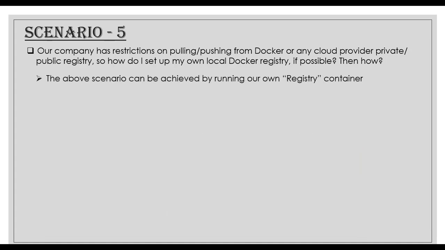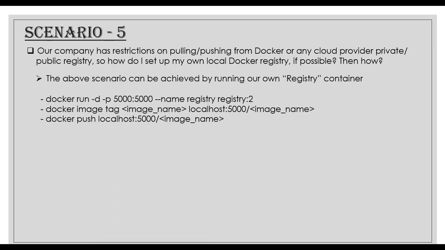The above scenario can be achieved by running your own registry container. Docker has a registry image, and by running that, you can create your own local registry. How exactly is it done? This is the set of commands which you need to run. The default port for creating a registry is 5000.